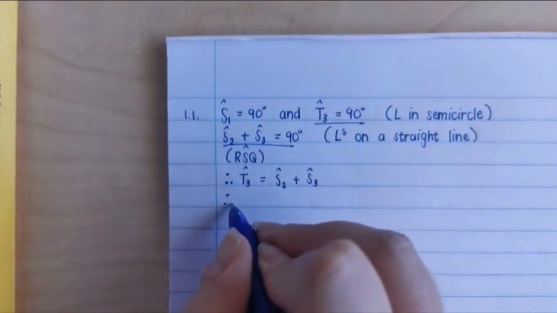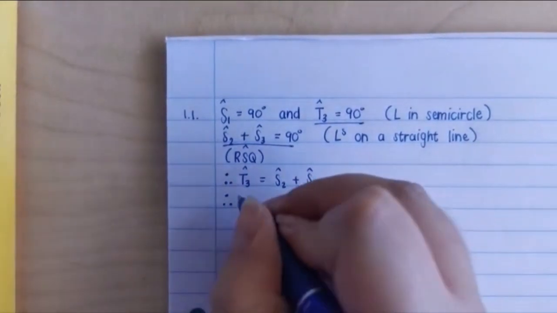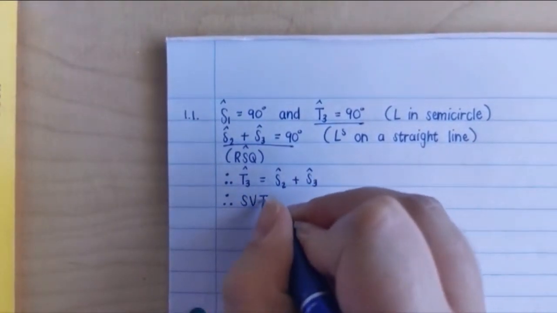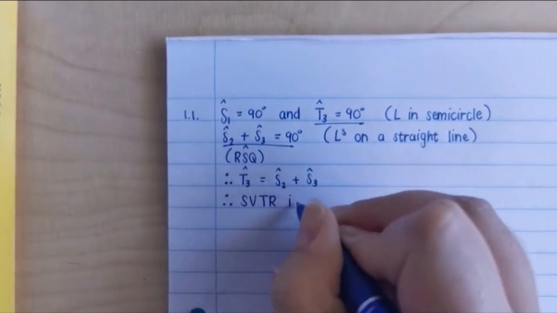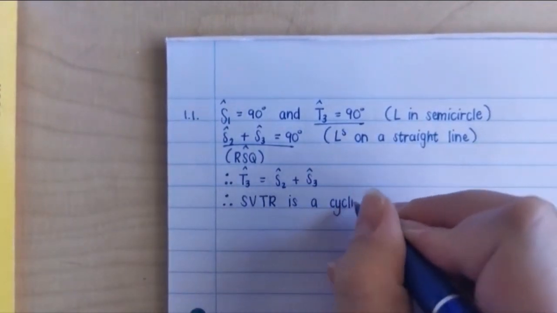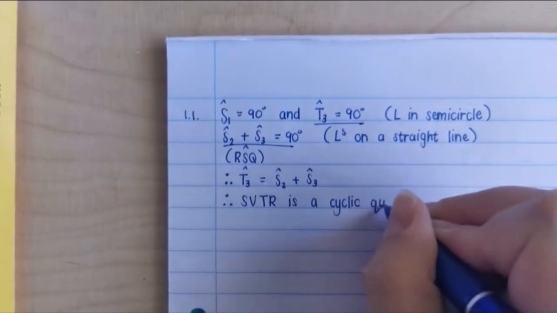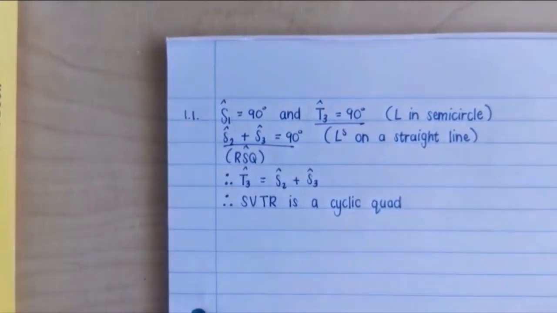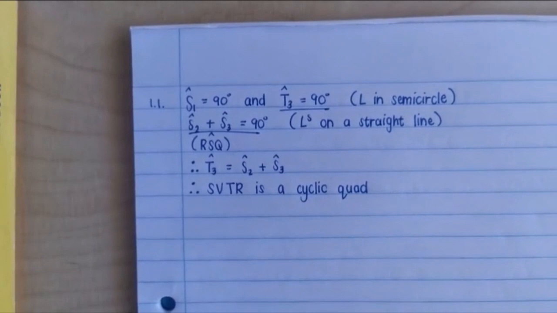Therefore, SVTR is a cyclic quad. Now, guys, the reason here is very important, okay? They didn't tell us that it's a cyclic quad. We are proving that it's a cyclic quad.